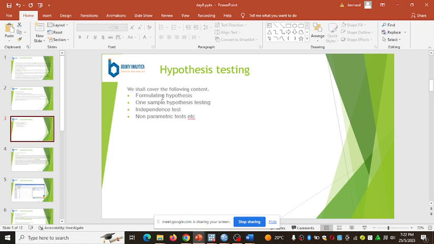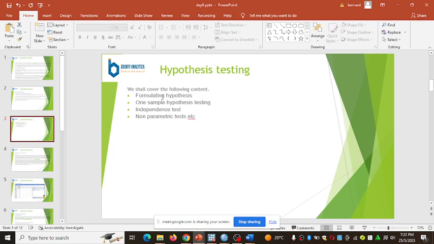I don't know which is bigger than the other. That's what we call non-directional hypothesis. The other one is the null hypothesis, and it states that there is no significant difference or relationship between variables. So there is no difference in average score.